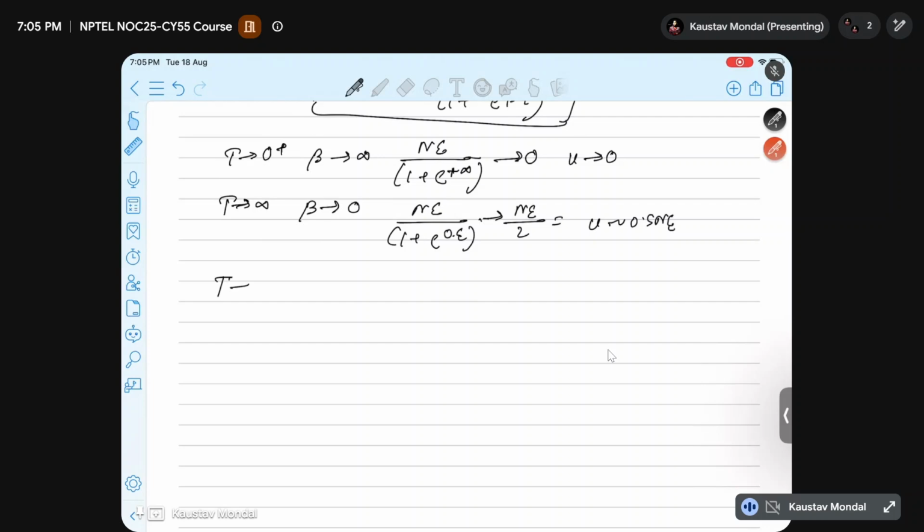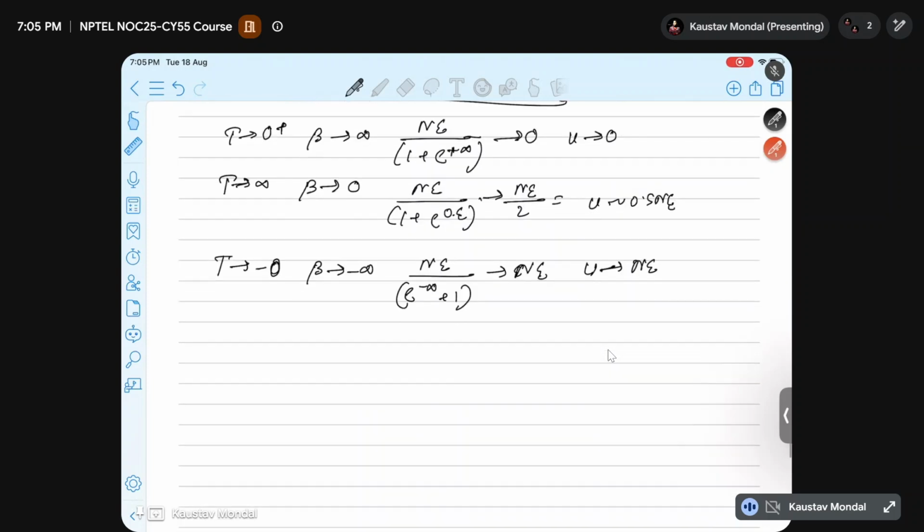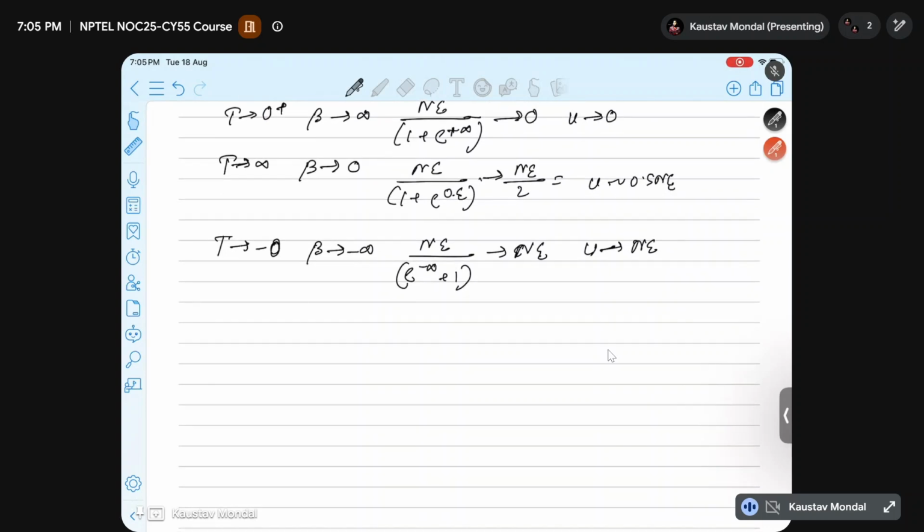Now if T is moving towards 0 from the negative direction, in that case beta will tend to minus infinity, and this Ne would be over e to the power minus infinity plus 1, so 1 by infinity is 0, so it will tend towards the value Ne, so u tends to Ne, right? So this is the case if T is approaching 0 from the negative direction.